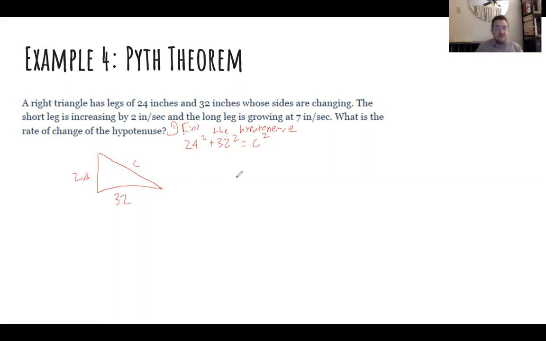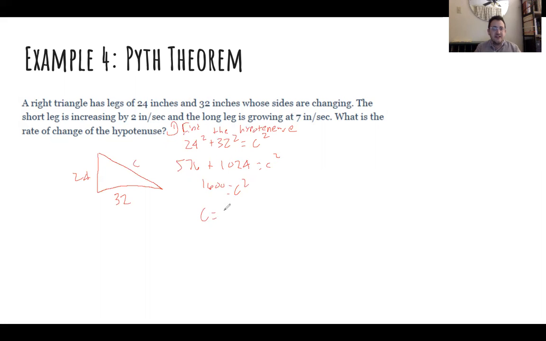I'm going to use my calculator here. 24 squared is 576. 32 times 32 is 1,024. That equals c squared, so c squared is equal to 1600.